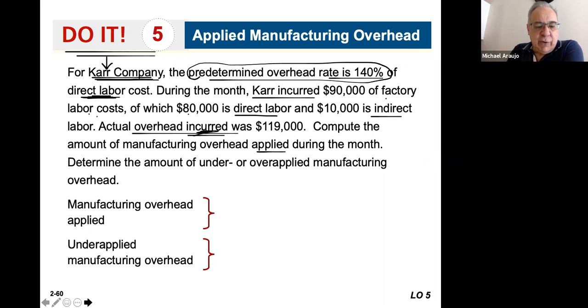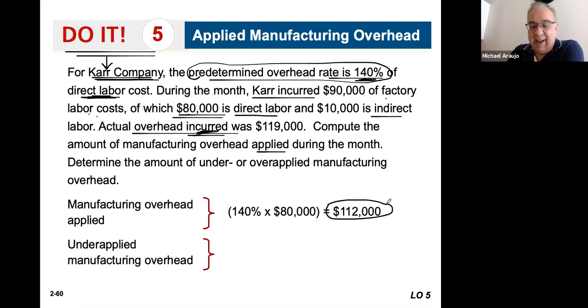Okay. So the first thing we're going to do here is note that the predetermined overhead rate is 140% of direct labor. Direct labor is 80,000. 80,000 times 140% means that we actually assigned $112,000 of costs.